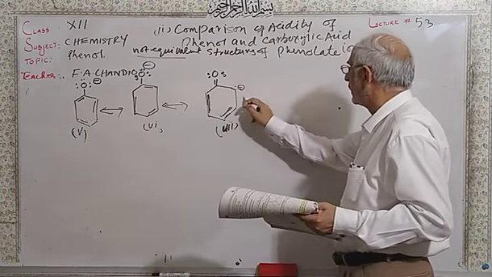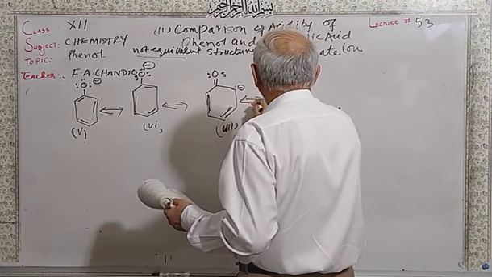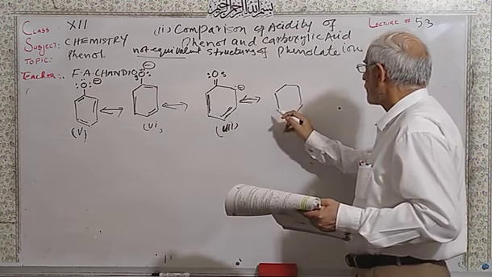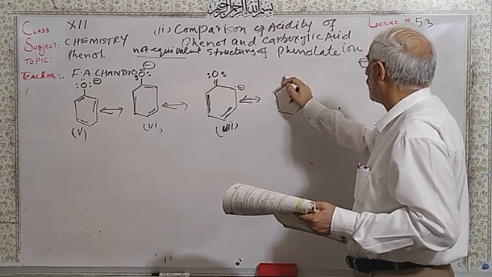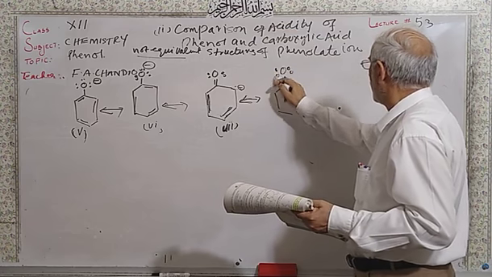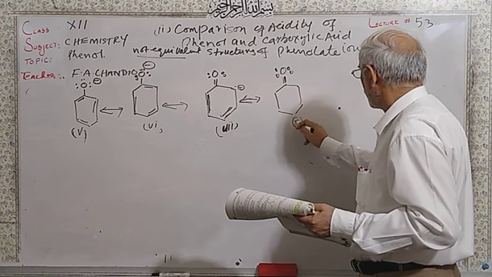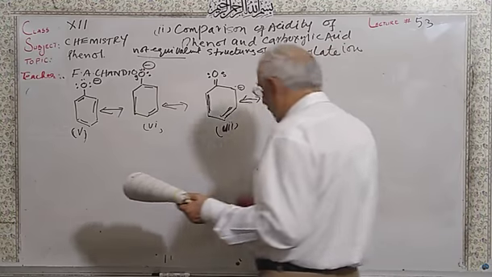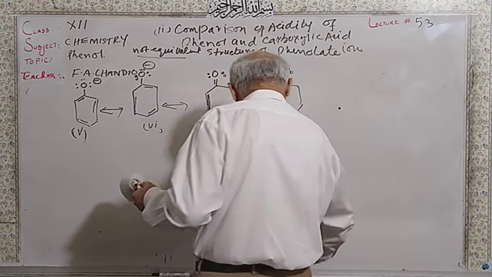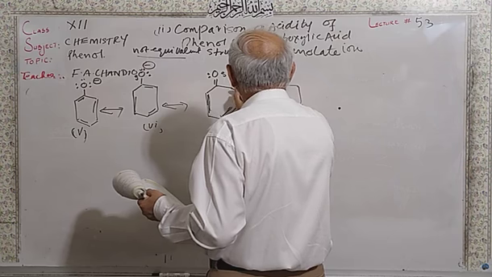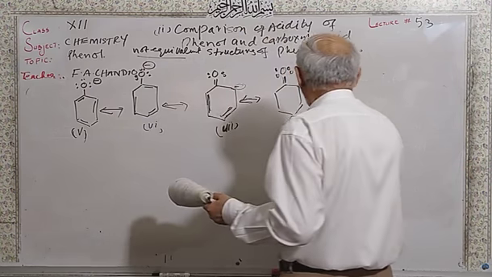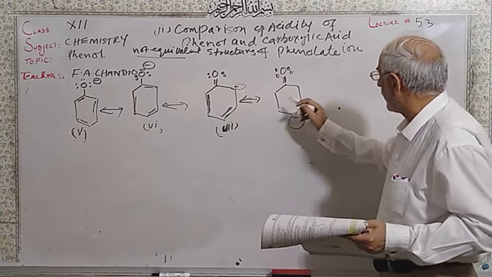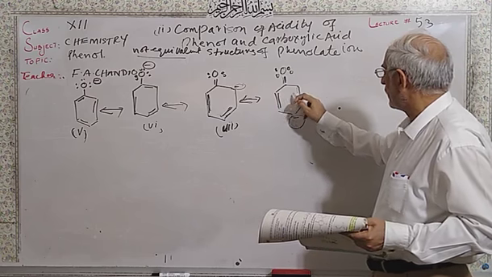Okay, resonance structure number 8. Just shift the charge. Now the charge will be here. The negative and positive charge is going to be created. Charge will be created here, and this bond shifted to here, like this.